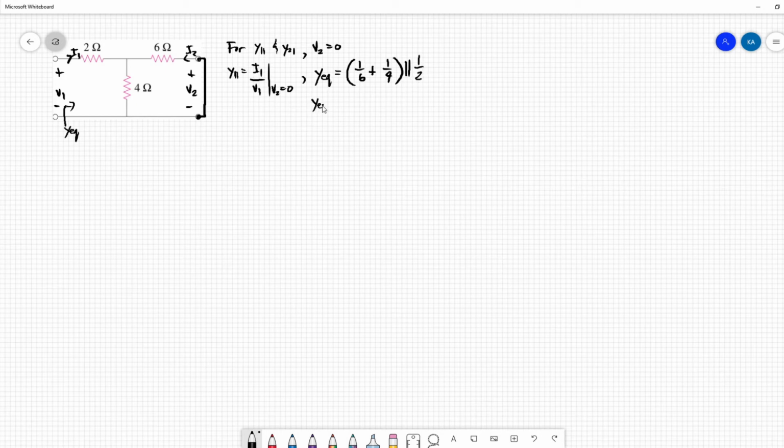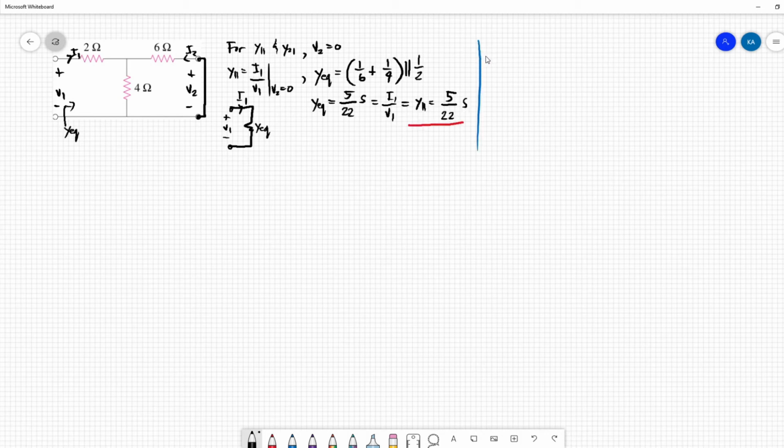Our YEQ, Y equivalent, is just equivalent to 5 over 22 S. Now looking at the equivalent circuit, this is V1, this is I1, this is YEQ. YEQ is just equivalent to I1 over V1, which is our Y11. So our Y11 is just equal to 5 over 22 S.